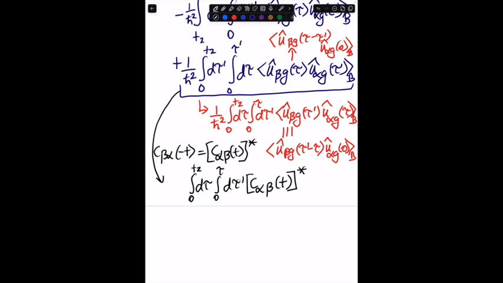And I hope that's clear. So this is equivalent to doing the integration first and then taking the complex conjugate.